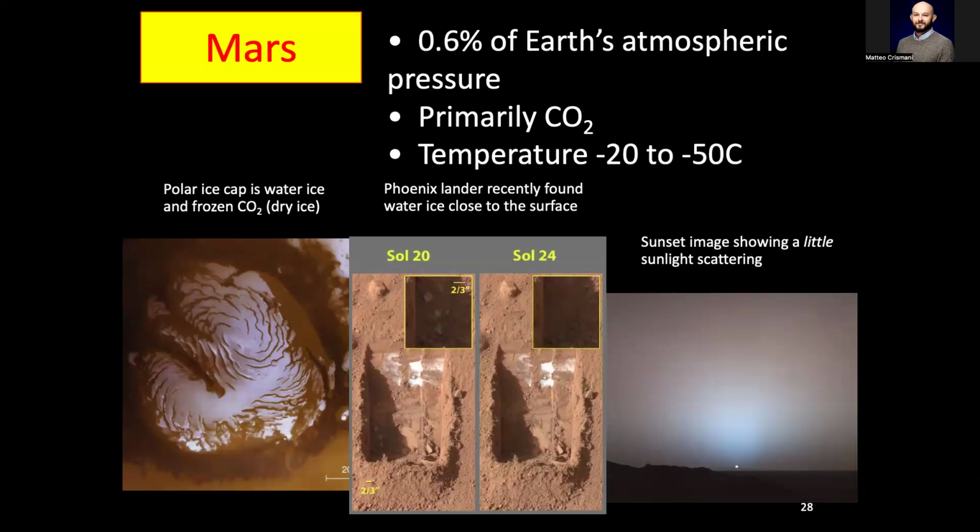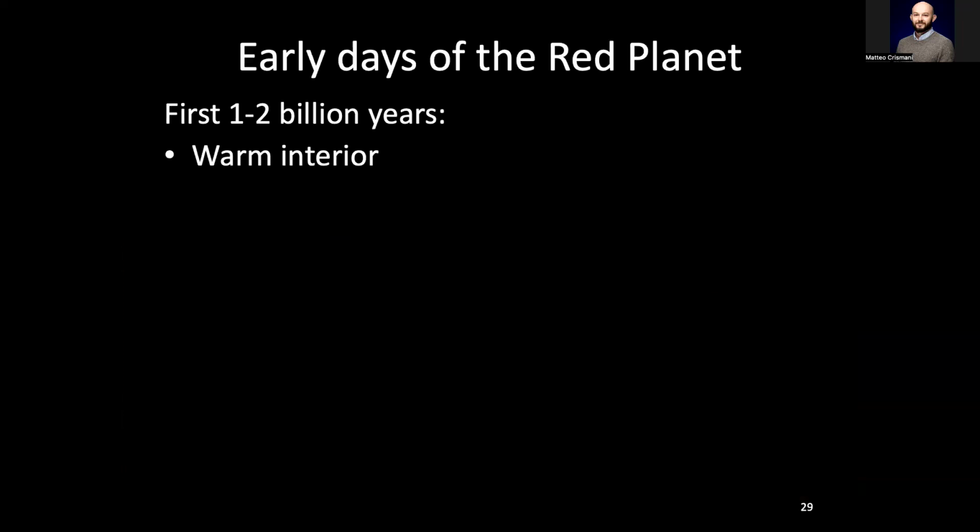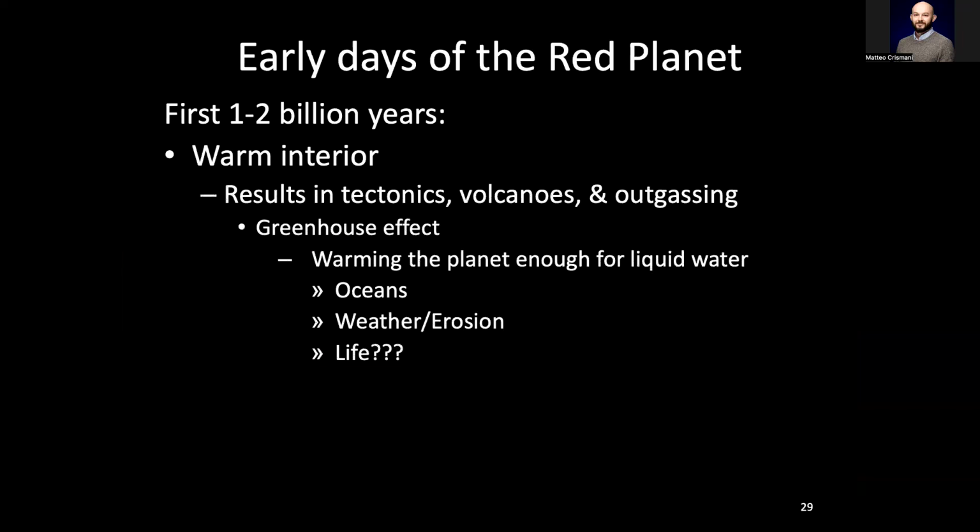So let's talk about what happened on Mars. In the first 1 to 2 billion years, it was really warm. Like that pea just came out, still hot from the oven, okay? And then you had tectonics, you had volcanoes. This is when you get Olympus Mons, right? And you have lots of outgassing, so it's replenishing the atmosphere.